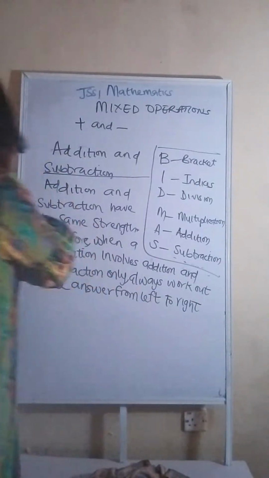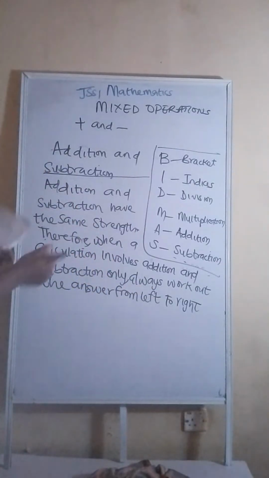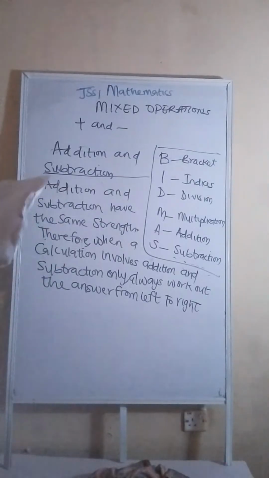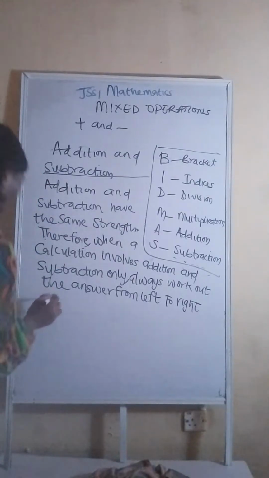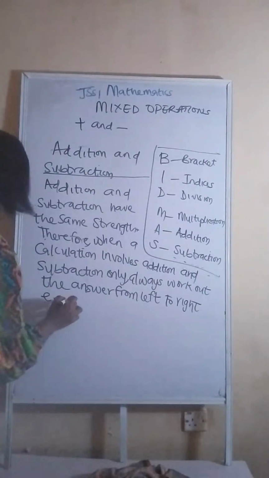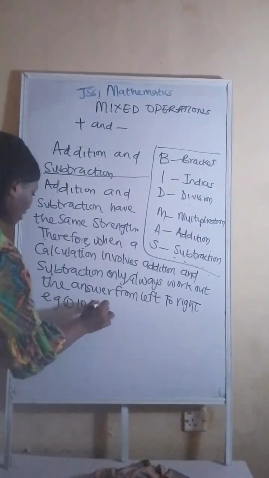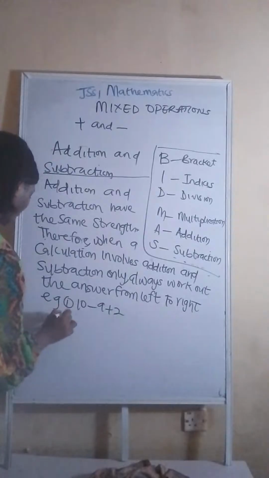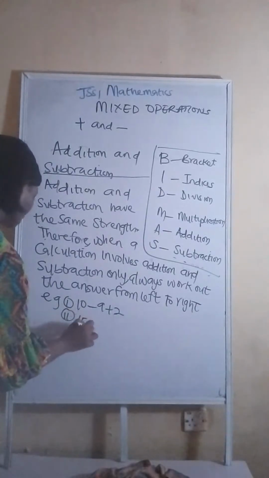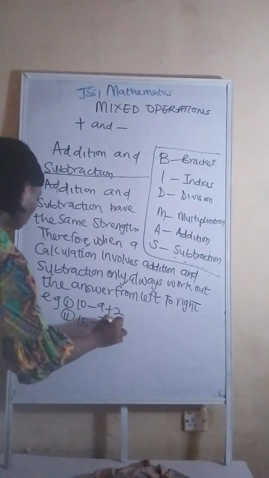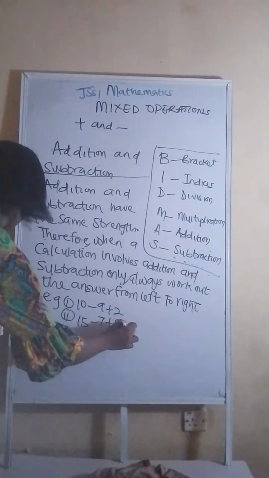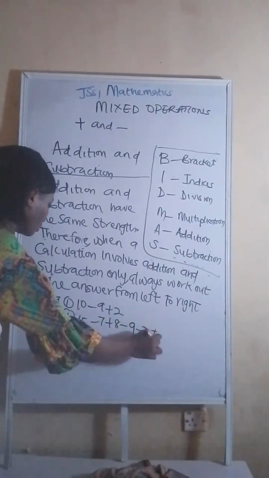So now your answer will be from left to right. Whenever you are solving a question involving addition and subtraction, it is important to work out our answer from left to right. For example, let me give you an example: 10 minus 9 plus 2, and 15 minus 7 plus 8 minus 9 minus 2 plus 10.